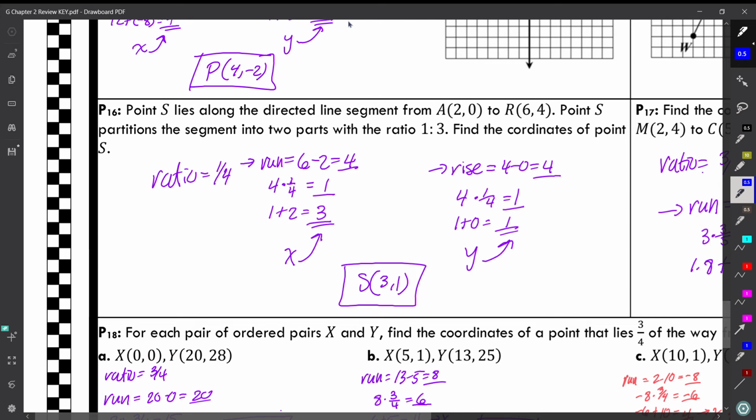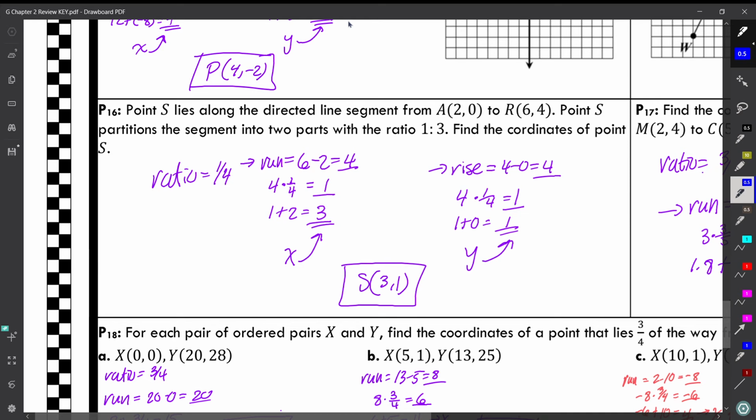We now look to find our run. We're going from A to R, so A is our initial point, and R is our terminal point. To find our run, you take R minus A. 6 minus 2 gives me 4. Multiply by the ratio of 1/4 to get 1, and now we're adding that to the x-coordinate of point A, which is 2.